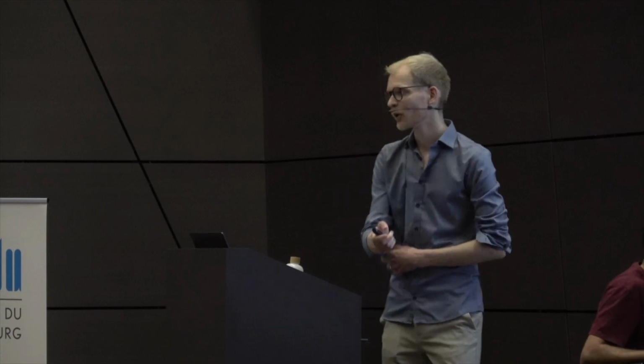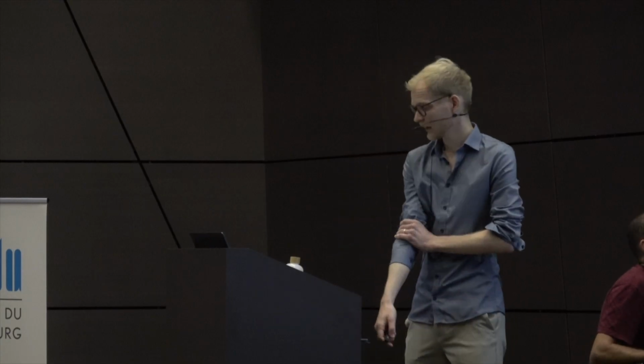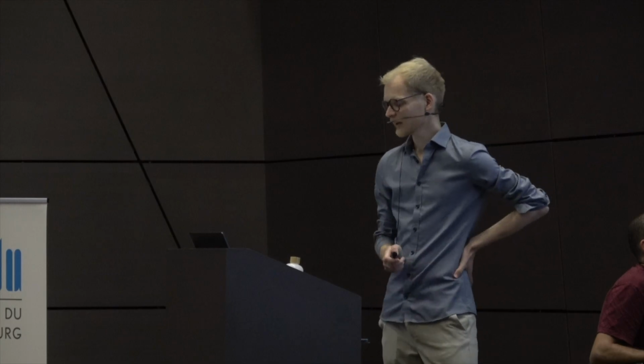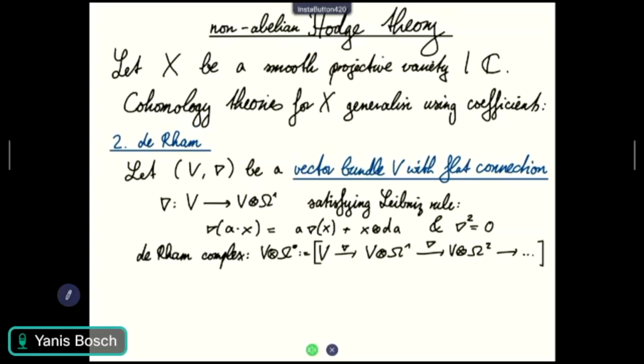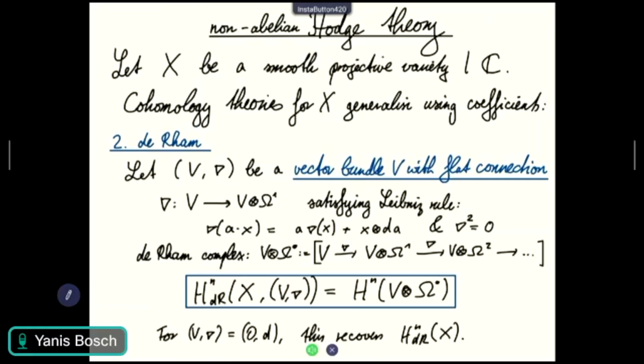But if I have this, I can define a generalization of the de Rham complex. Instead of the structure sheaf, I use this vector bundle V, and instead of the exterior derivative that one usually has, we take this nabla, this connection. This gives me a way to define de Rham cohomology with coefficients in a vector bundle with a flat connection as just the cohomology of this complex.